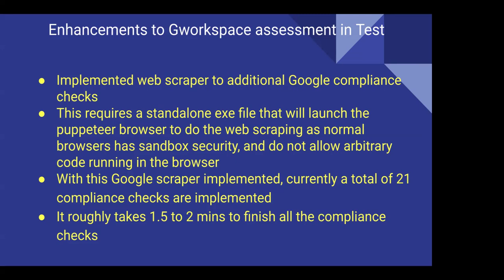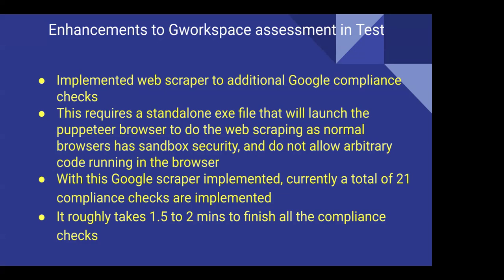Then the application opens up and it takes around 1.5 to 2 minutes to finish all the remaining compliance checks. So a total of 21 is what we are targeting now with this additional web scraper.